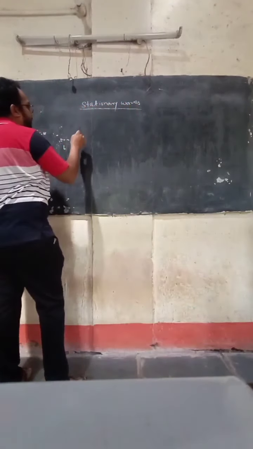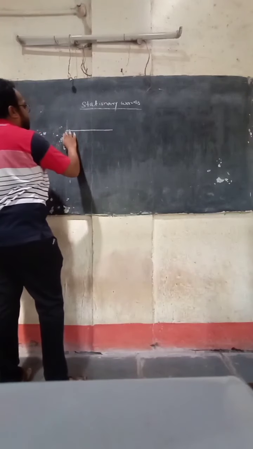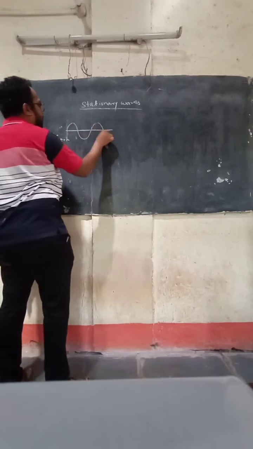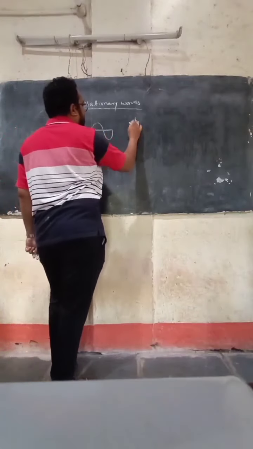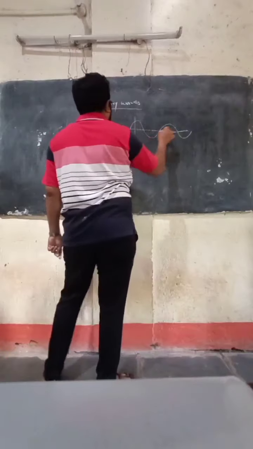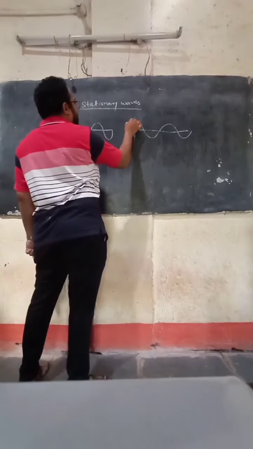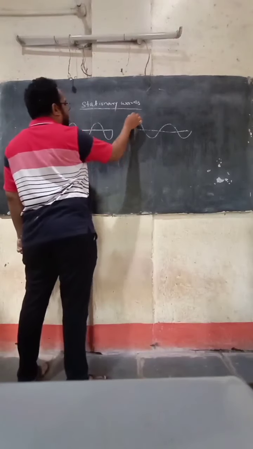What is a stationary wave? When two waves travel in opposite directions, suppose the amplitude of one wave is A1 and the amplitude of the other is A2.